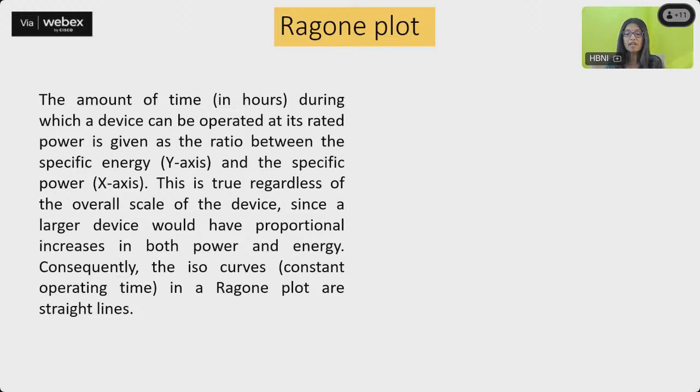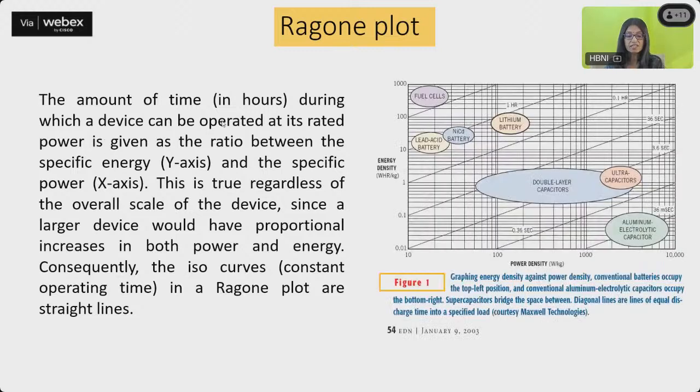The amount of time in hours during which a device can be operated at its rated power is given as the ratio between the specific energy and the specific power. So you see over here in all these lines, some time is given. You can see that the lithium ion battery is lying on this 1 hour line, whereas the capacitors are lying in milliseconds.